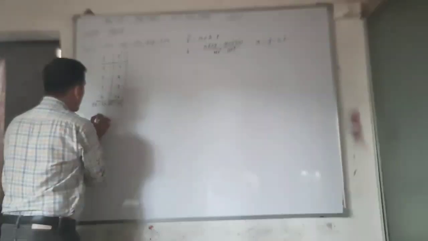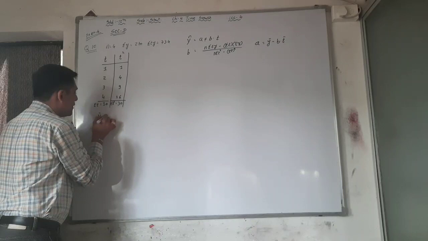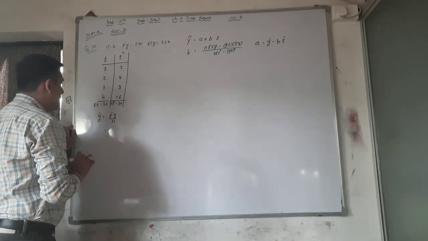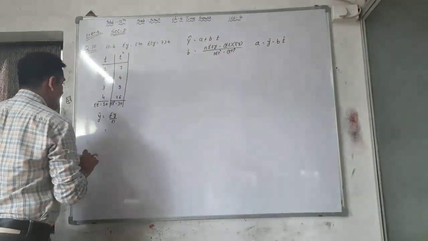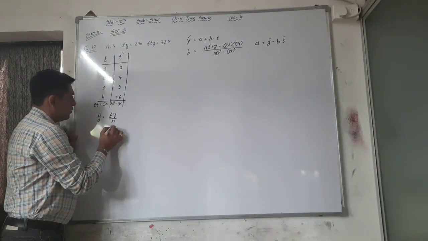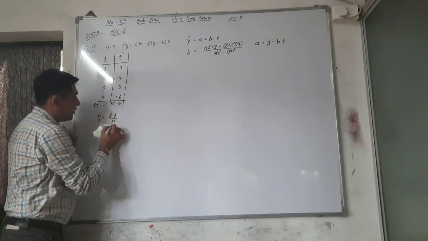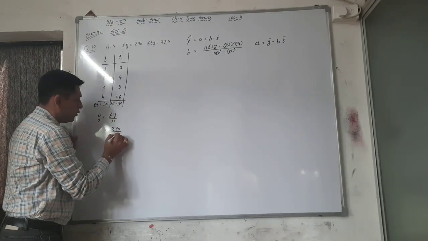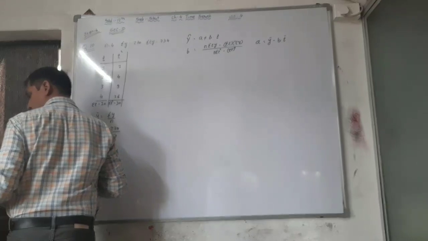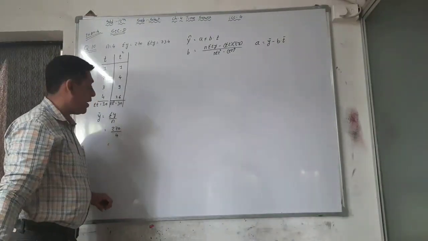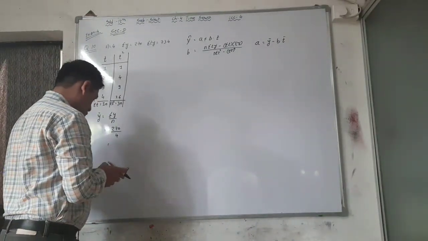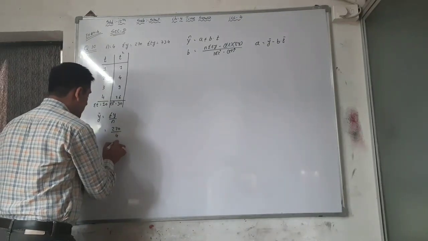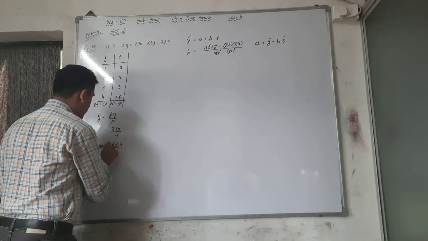So first of all, we write that y bar is equal to sigma y upon n, that is sigma y is equal to 270 upon n is equal to 4. What is your y bar? 270 upon 4, 67.5.